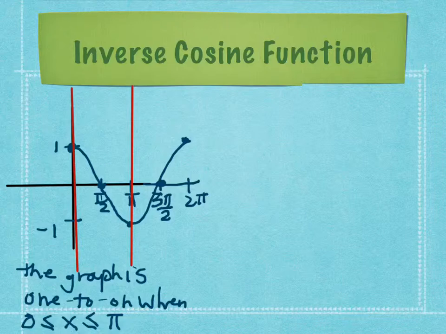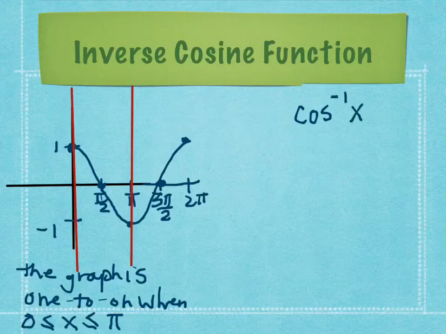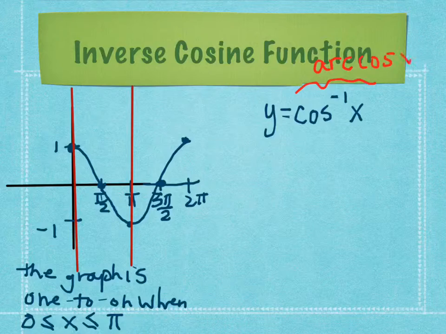So I do have a cosine inverse, or an inverse cosine equation. We'll say y equals inverse cosine. And again, alternately, this would be written as arc cosine in some books.